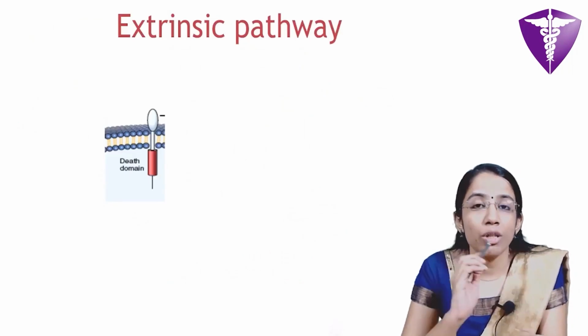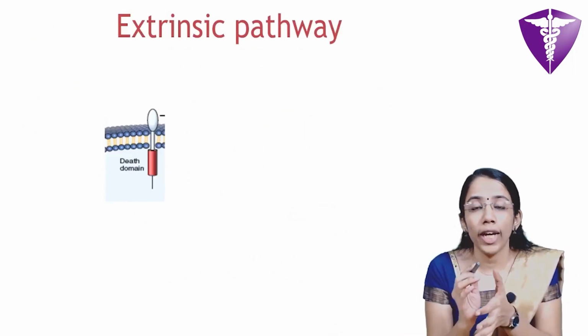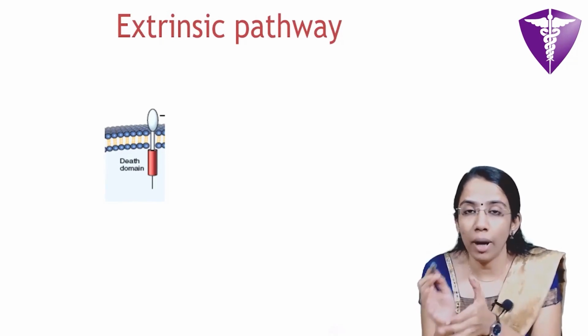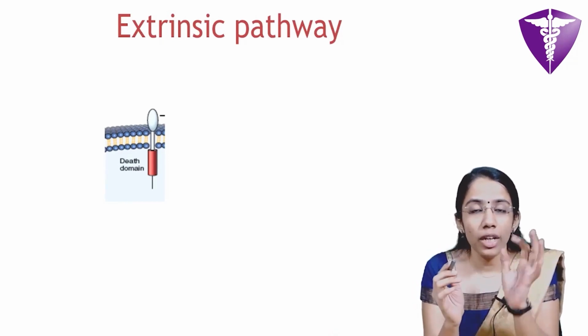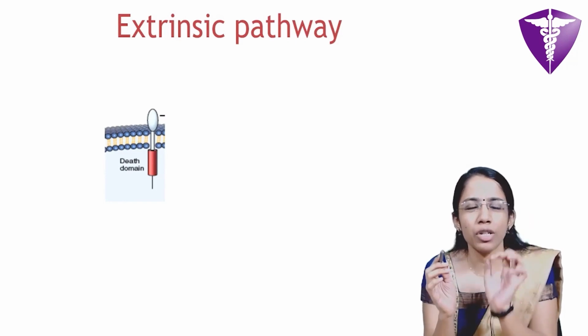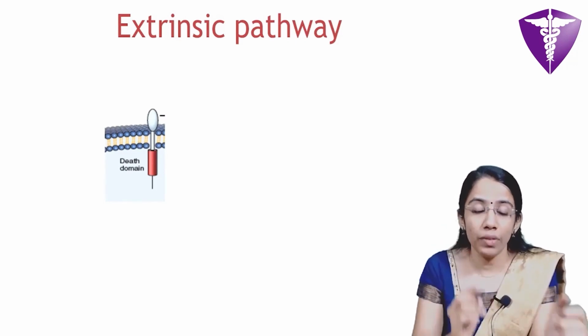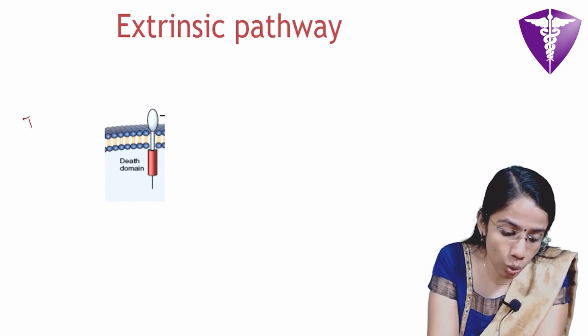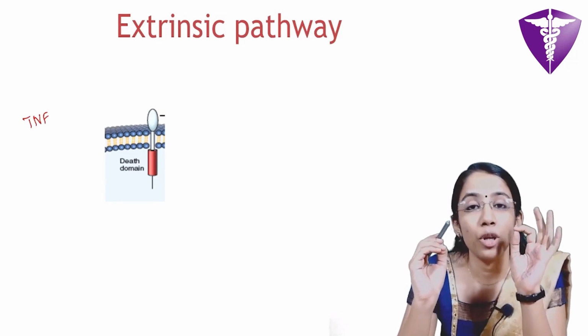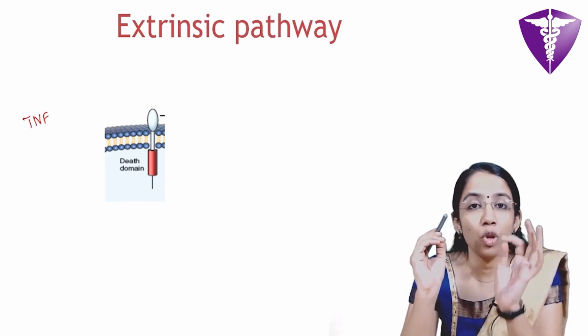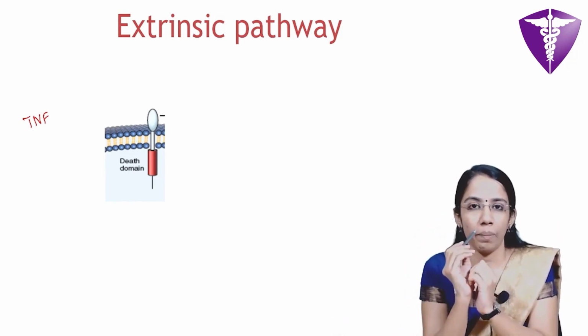Next is the extrinsic pathway, also called the death receptor pathway. Many cells have surface receptors called death receptors. Many of these death receptors belong to the TNF family, that is, tumor necrosis factor family.